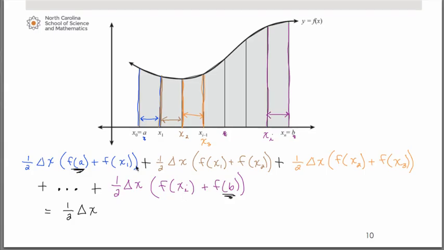That's because each of these lengths is doing double duty as the bottom base of one trapezoid and the top base of the next trapezoid.